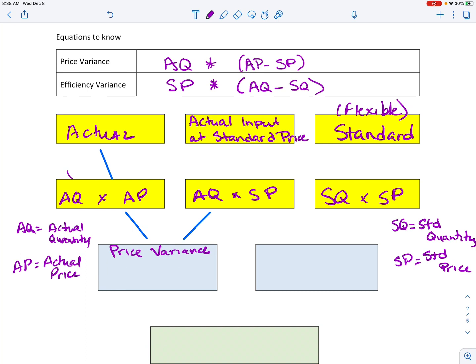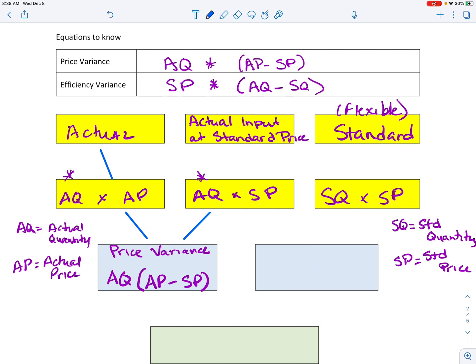The piece I have in common is that actual quantity. So I take that actual quantity out and multiply that by actual price minus standard price.